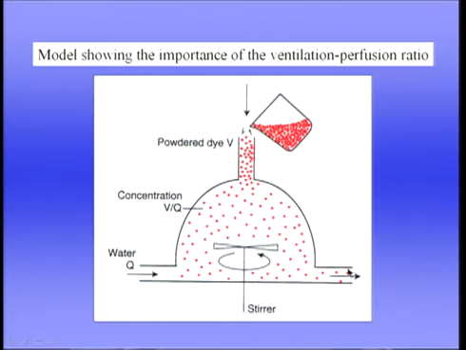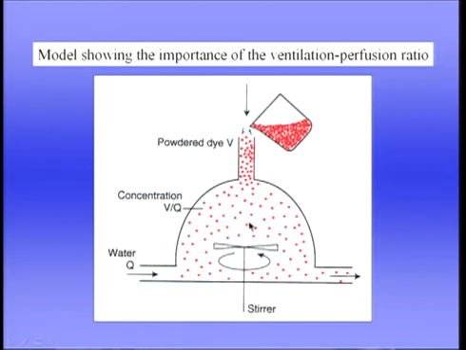And the question we're asking is, what determines the concentration of dye in this alveolar gas compartment and the effluent blood? Now, you can see intuitively that if you fix the rate at which you pump the water through, then the faster you pour in the dye, the higher the concentration under steady state conditions. Again, we can see intuitively that if we fix the rate at which we pour in the dye and we, for example, increase the flow of water, then the concentration of dye here is going to be reduced.